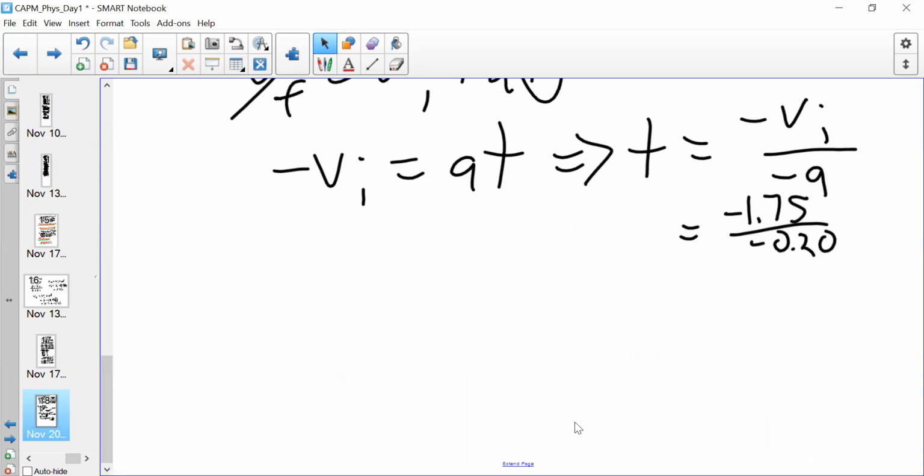Let's assume that the positive acceleration will be the same. Nothing's changed, the interface between the tires and the road doesn't change, and she comes back the same way and achieves 1.75 meters per second going the other way.